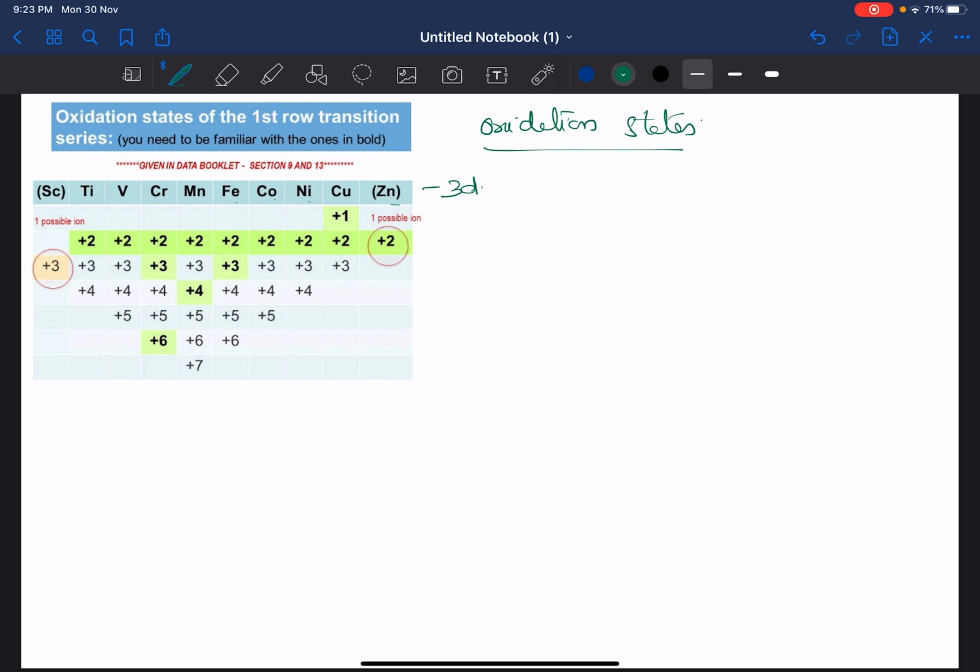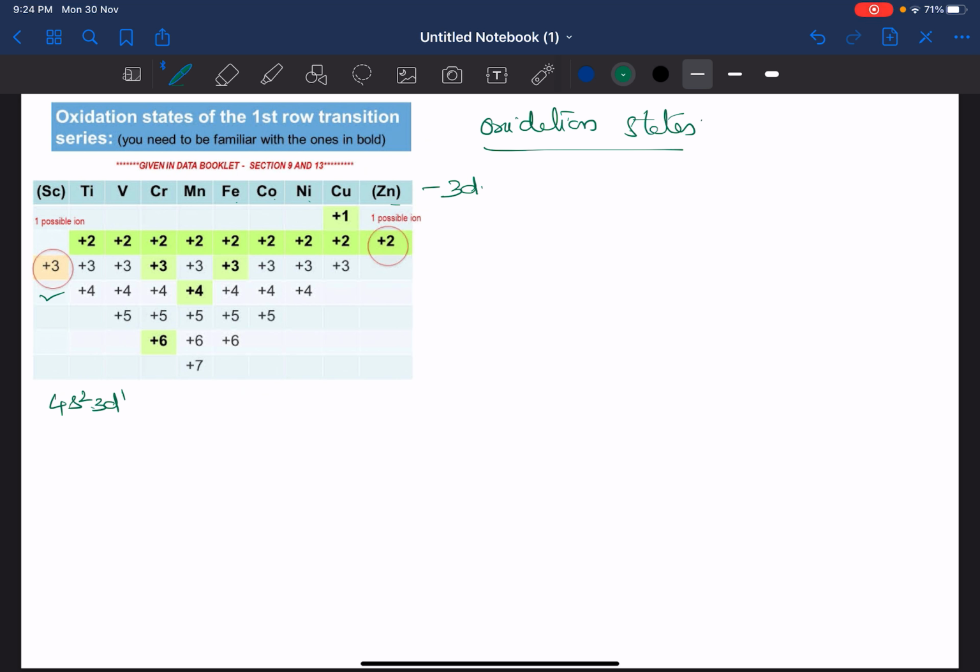Scandium is the first; its configuration is 4s2 3d1. When scandium loses its 3 electrons in the outermost orbits, it will show the +3 state.